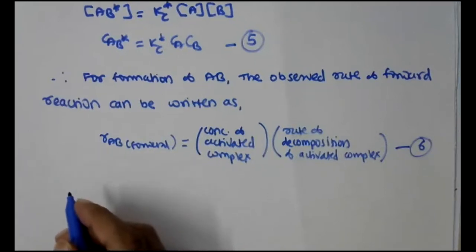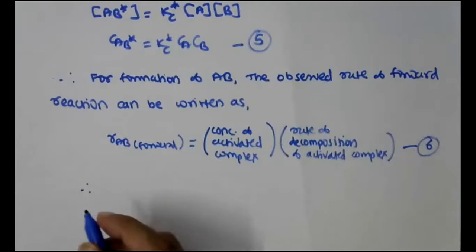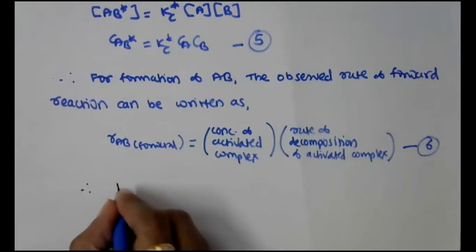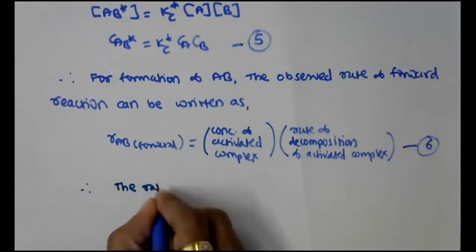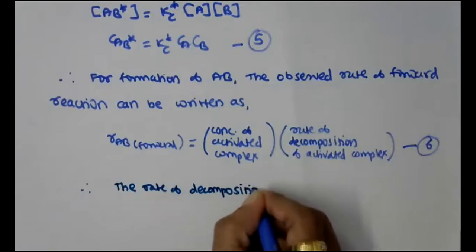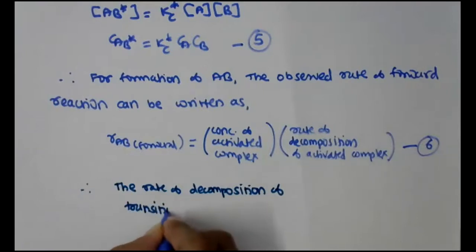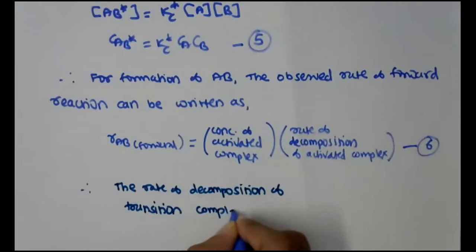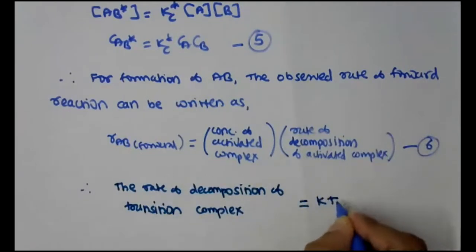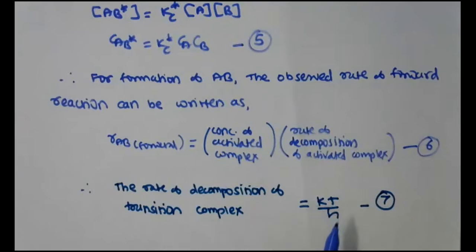As per the transition state theory, the rate of decomposition of transition complex is constant for all the reactions, and it is given as the rate of decomposition of transition complex is equal to Kt upon H. This is equation number 7, where K is a Boltzmann constant, T is a temperature, H is the Planck's constant.